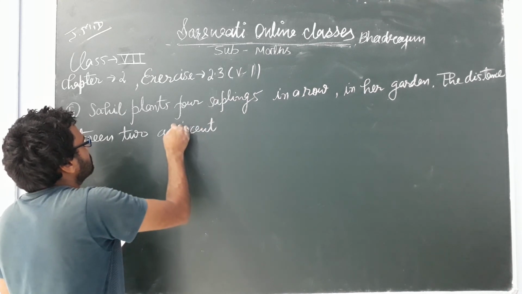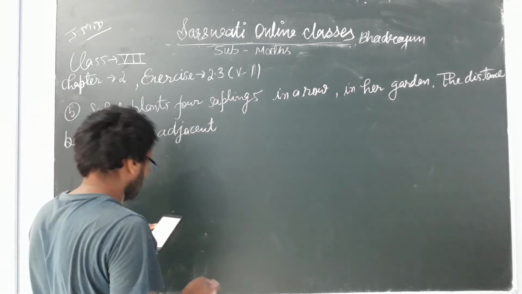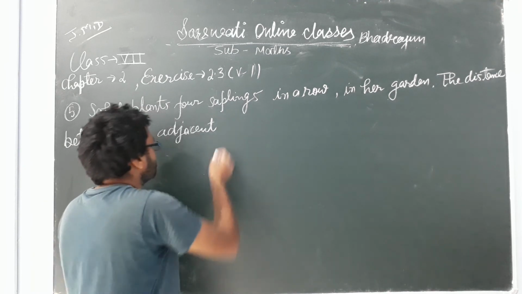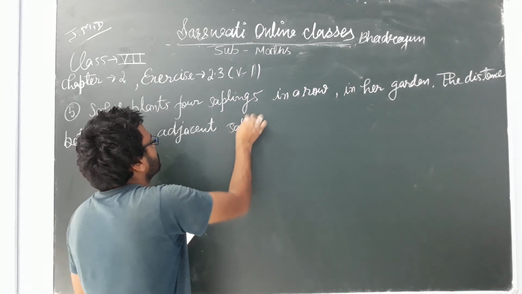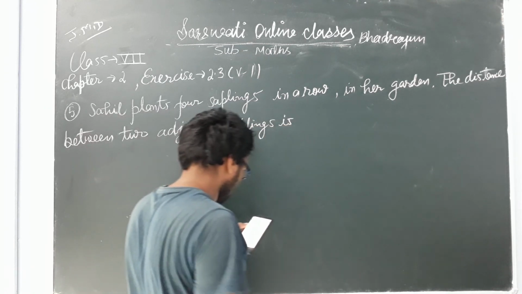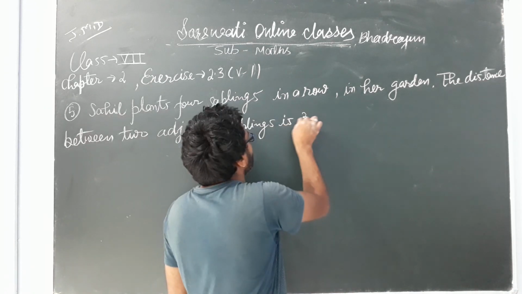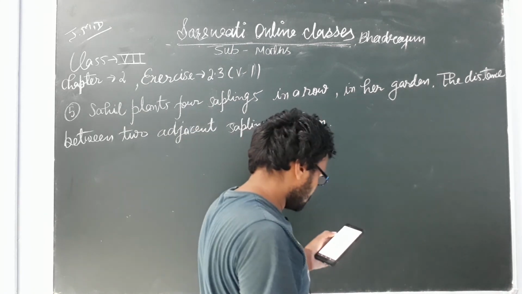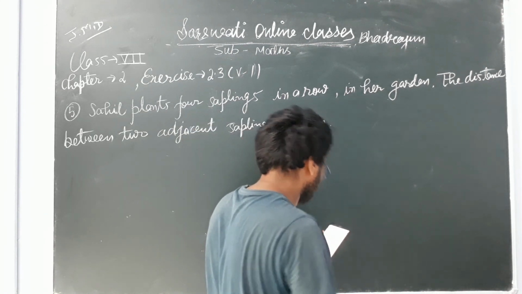The distance between two adjacent saplings is 3 upon 4 meter. Find the distance between the first and the last sapling.